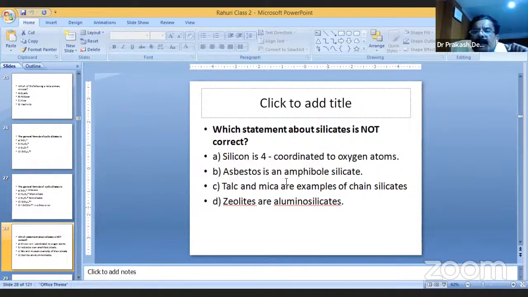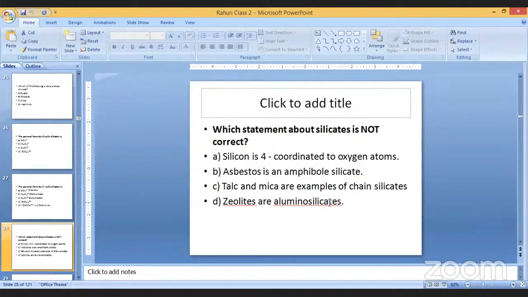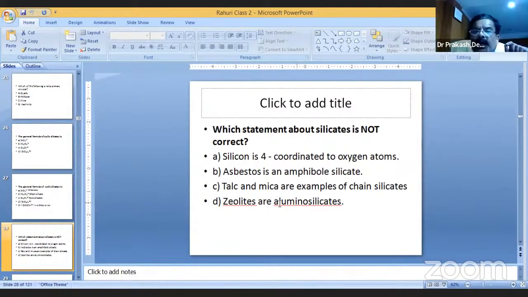Then asbestos is an amphibole silicate. Yes, it is true. Talc and mica are examples of sheet silicates. Yes. Zeolites are aluminosilicates. Aluminium is not given in any other silicate minerals. So that means zeolite is the answer for this question.